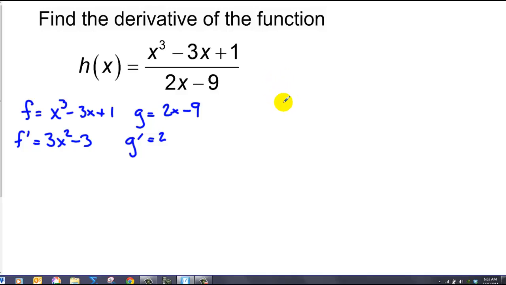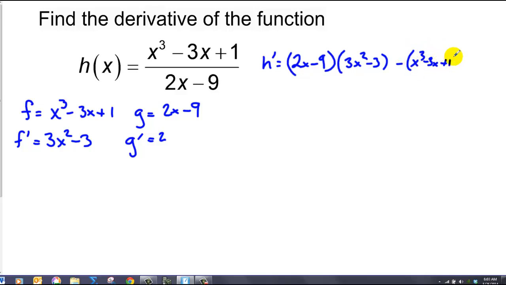Then we do our quotient rule. Say h prime is equal to g f prime minus f g prime all over g squared.